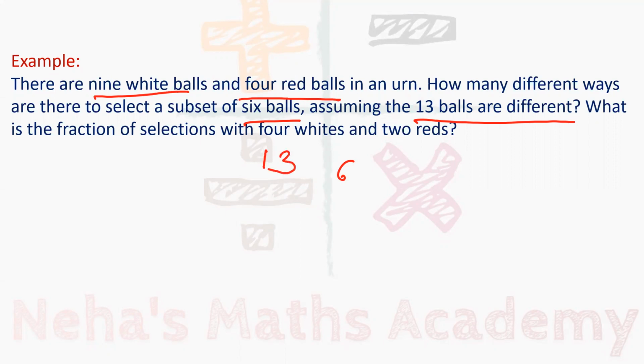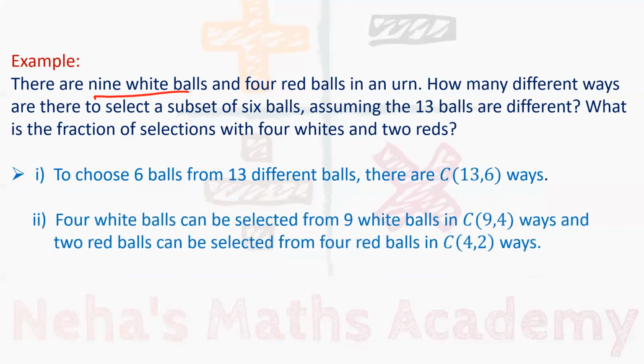And we know that to select r balls from n different balls, there are nCr ways, that is 13C6 ways for selecting 6 different balls from 13 different balls. That is our first question.